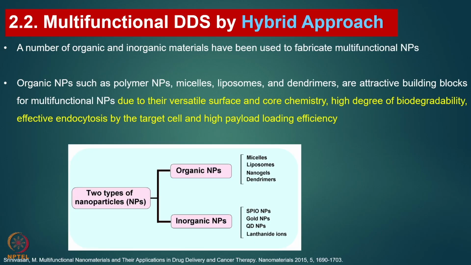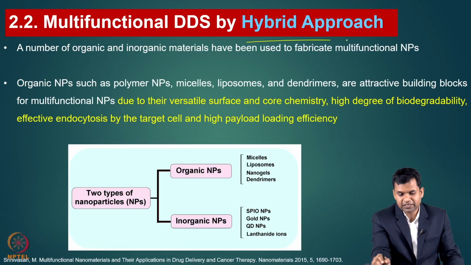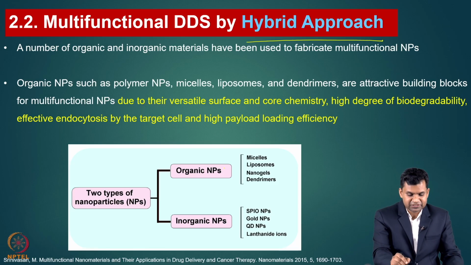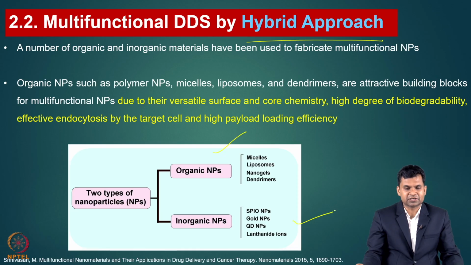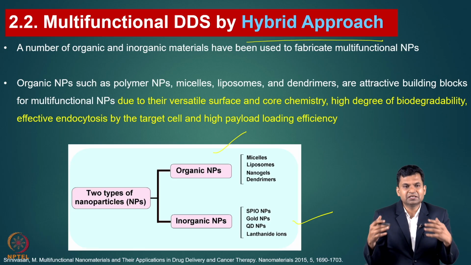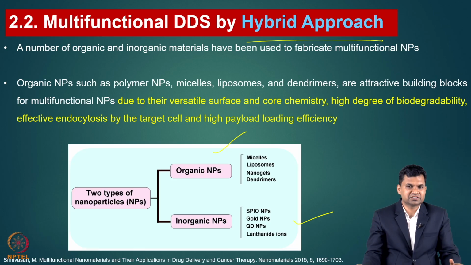So, here the other approach is the hybrid approach. As we know, in our drug delivery system lecture we have learned about the classification of nanosystems. One is organic and the second one is inorganic nanosystems. When you combine these together, it is called a multifunctional drug delivery system by hybrid approach. Here you can combine both organic and inorganic molecules.